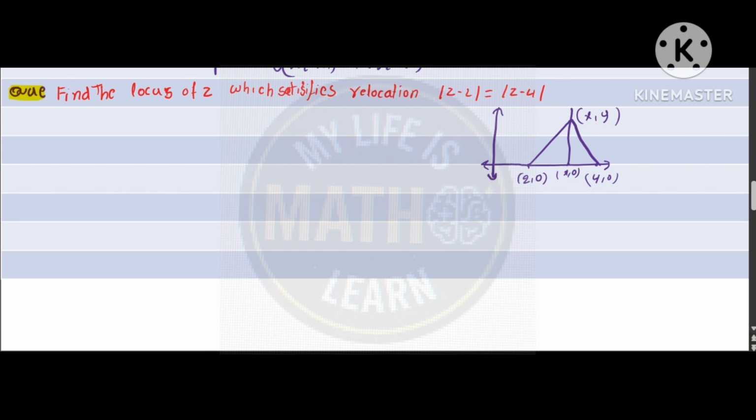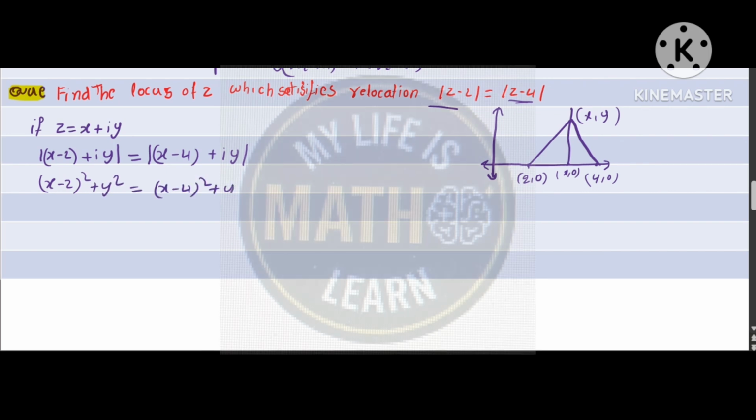So if z is equal to x plus iy, then mod of x minus 2 plus iy is equal to mod of x minus 4 plus iy. So x minus 2 whole square plus y square is equal to x minus 4 whole square plus y square, because for mod z you can use the square root of x square plus y square formula.